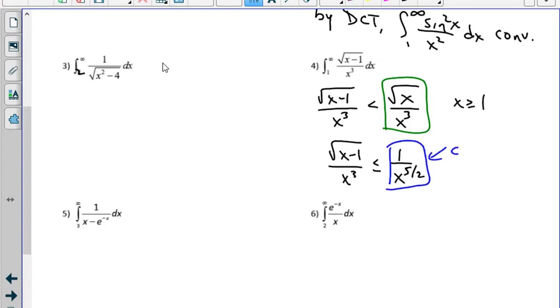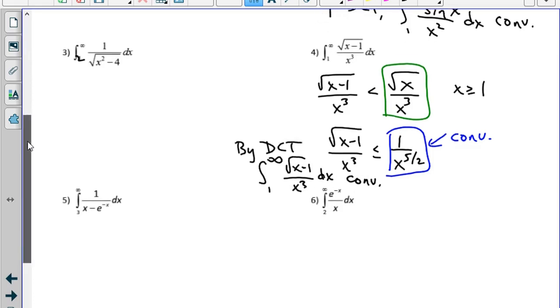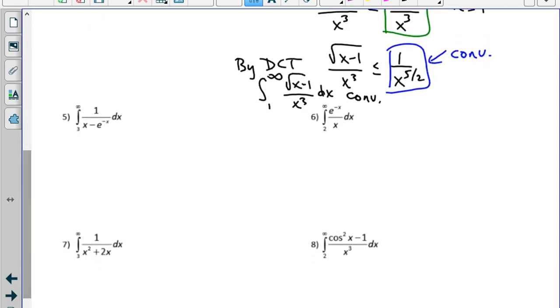This converges by the p-test, and since that converges and it's larger than root x minus 1 over x cubed, that means that by the direct comparison test, the integral from 1 to infinity of root x minus 1 over x cubed dx also converges. So if something larger than it in all spots converges, that means that that one also must converge.